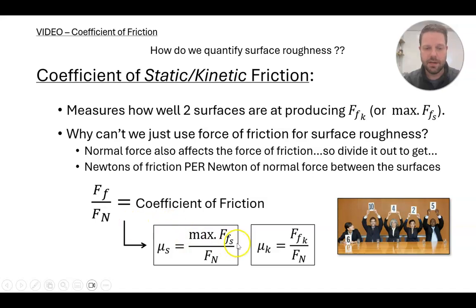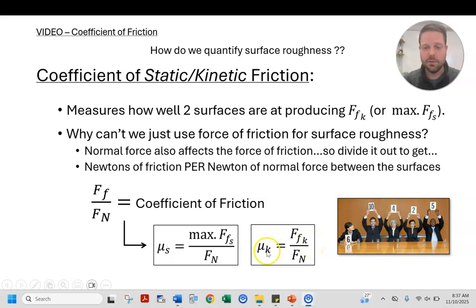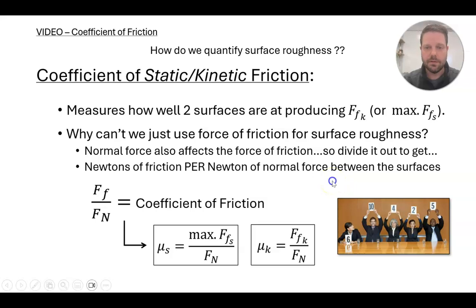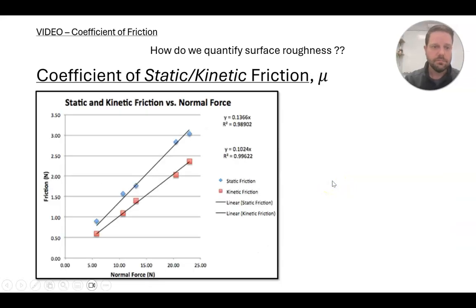And if we use that peak value of static friction, called the max force of static friction, then we would get the static coefficient of friction. If we use kinetic friction, since it's different, then we would get the kinetic coefficient of friction. If we did it for a bunch of different normal forces, so let's say we stacked weights onto some object to change the normal force, then you could see here, for example, if we follow the blue one, that is going to be static friction.